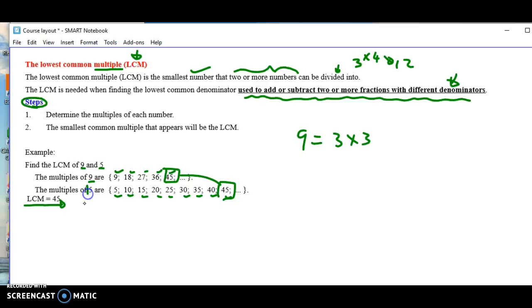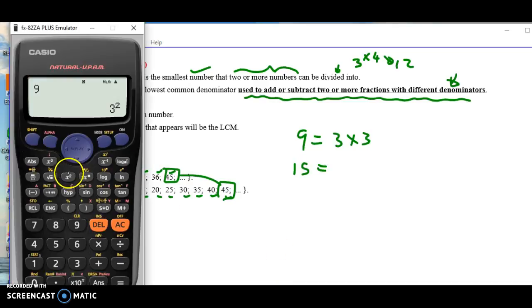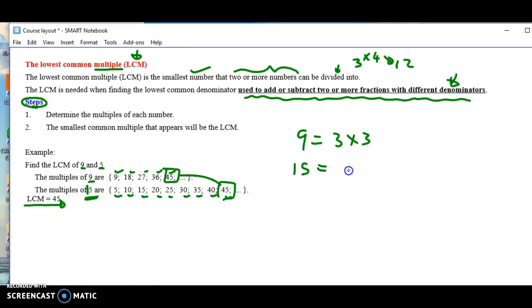Let's try 15, not 5, because that will help us more to see what we need to do. So 15 equals prime factors, and it's 3 times 5. So 15 is 3 times 5.